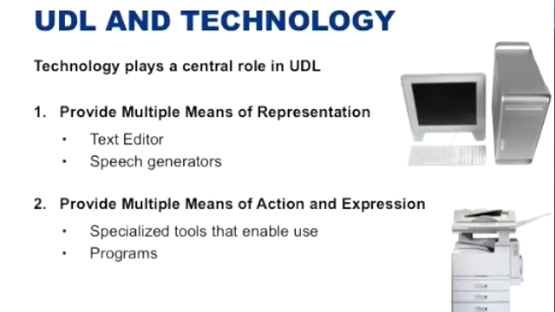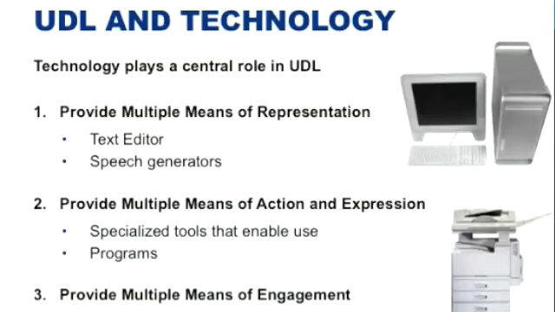They can provide multiple means of action and expression by using tools that enable their use. For example, clickers that allow students with limited mobility to participate in discussions or access a computer, and programs that students can use to play to their individual strengths of expression. Finally, technology also provides multiple means of engagement by increasing the amount of choice for projects and vastly increasing the accessibility of resources.